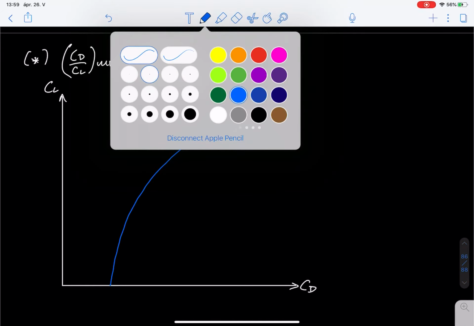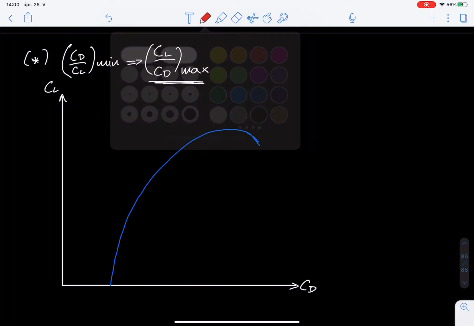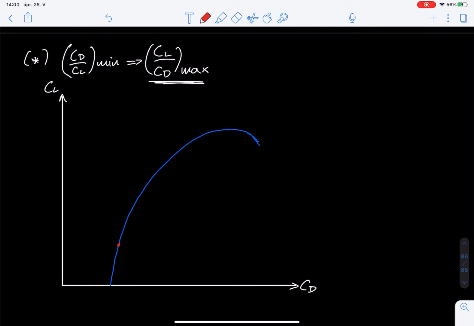So essentially what you're looking for is the CL/CD to be maximum. So for any given point, for example this point, if I connect the origin of the coordinate system with this point, this one would be my CD ratio, right?